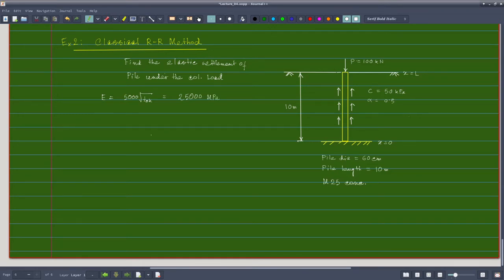Okay, 25,000 megapascal, and that means my E will be how much? So this will give me E equal to, let us work in kilonewton and meter unit. So my E is 25 into 10 to the power 6 kilopascal.